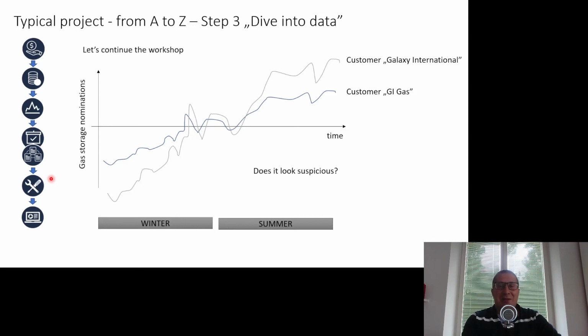One value is expressed in normal cubic meters per hour, the other value is expressed in gigajoules. Moreover, there is some shift in time, but it is related, because one customer has one time zone, let's say the normal time zone, and another one has a summer time zone, and this is the reason for this time shift. But in fact, we should choose just one of them because this is the same customer.